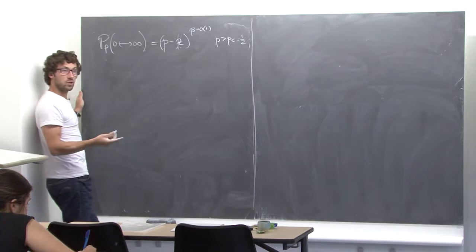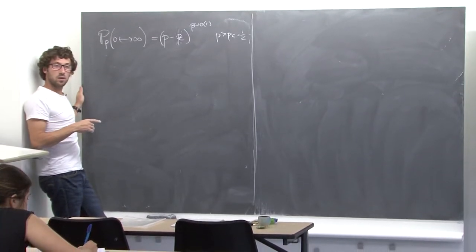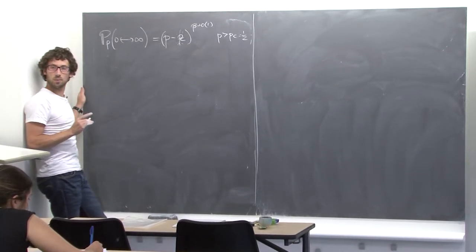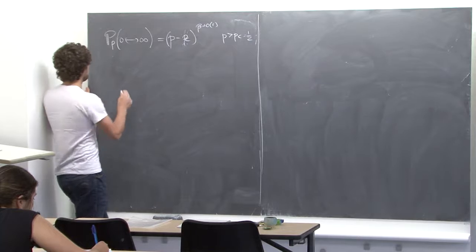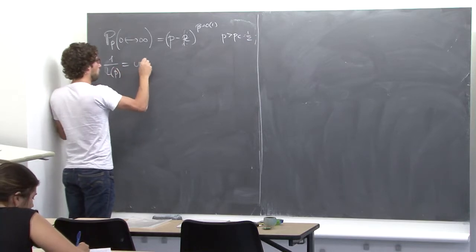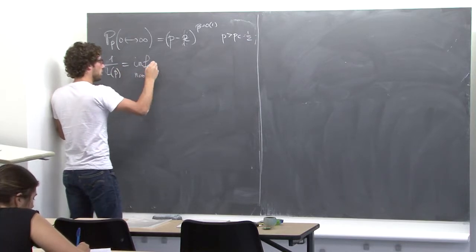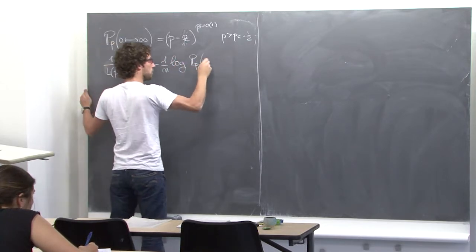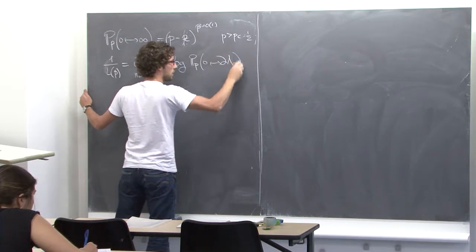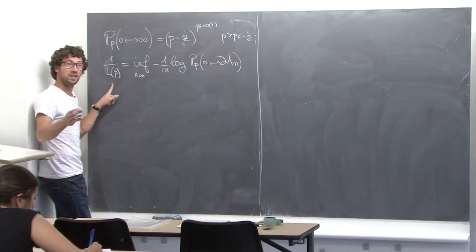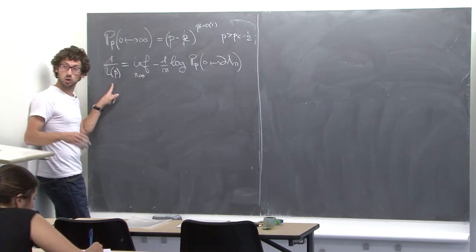You can also look at the rate of decay below pc. Below pc, you know that it decays exponentially fast. That's what we proved last week. So you can look at 1 over L of p, which is the infimum, when n tends to infinity, of minus 1 over n log of the probability of 0 connected to the boundary of the box of size n. So what is this thing? 1 over L of p is the rate of decay in the exponential.